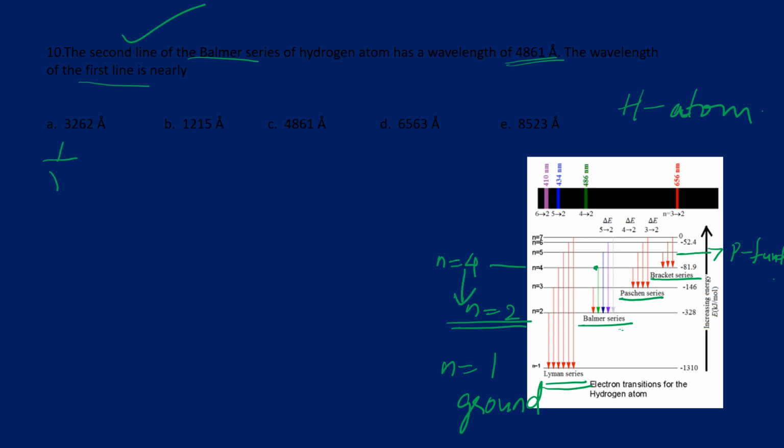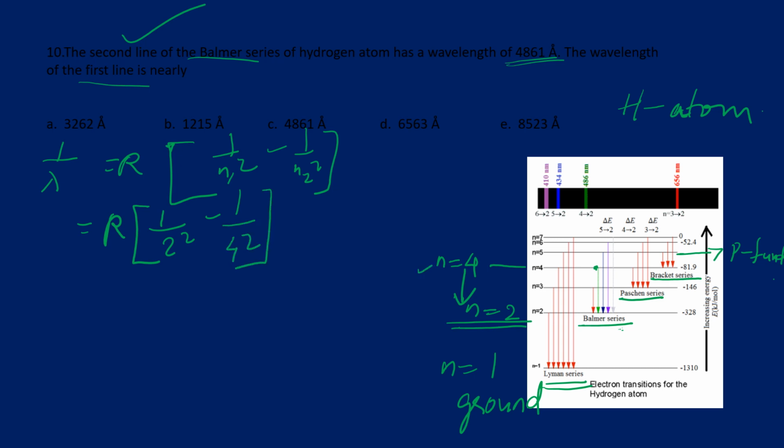Let us write the equation for wavelength: 1 by lambda equals R into (1 by n1 square minus 1 by n2 square), that is R into (1 by 2 square minus 1 by 4 square), so you will get 3R by 16.